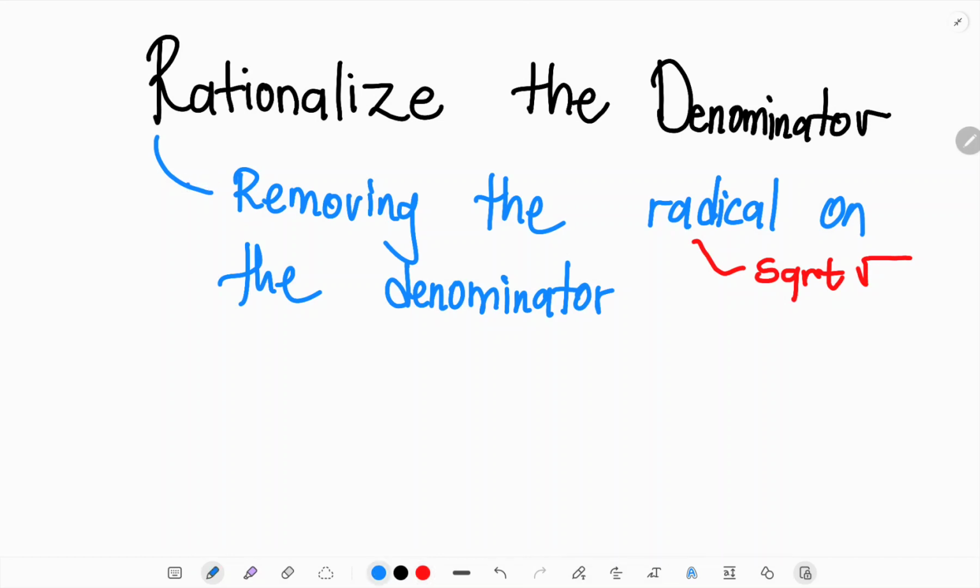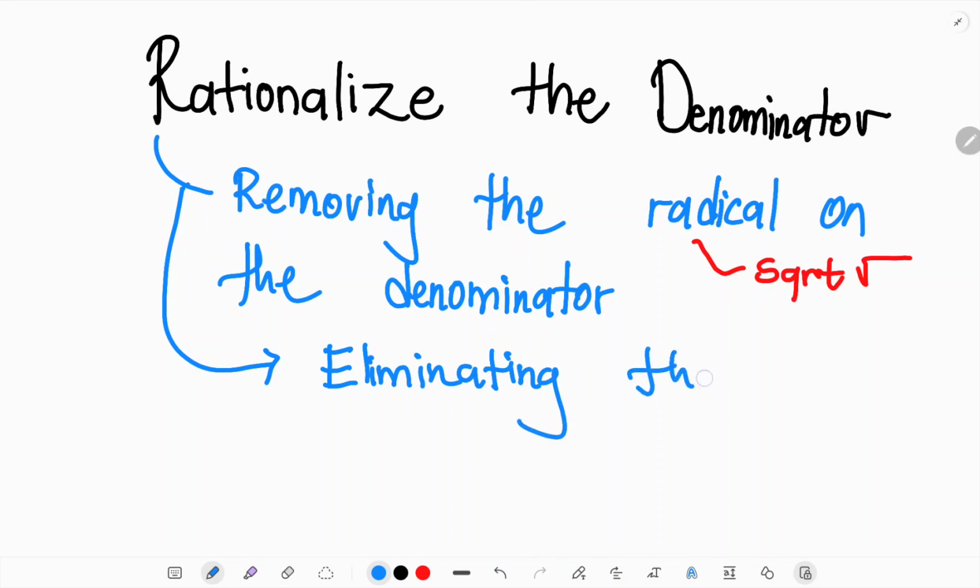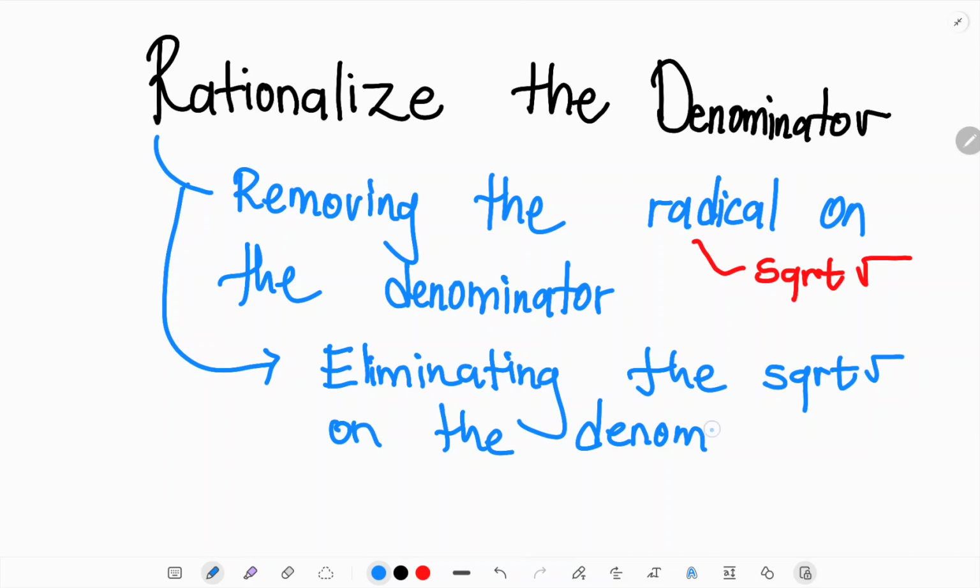So rationalizing the denominator, in other words, is eliminating the square root on the denominator. It's very important to understand the goal of what you're doing when you're approaching a certain problem.